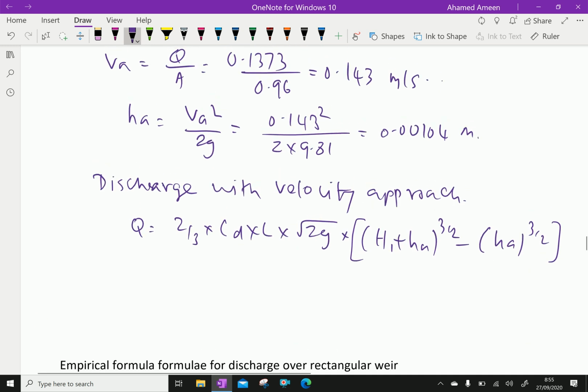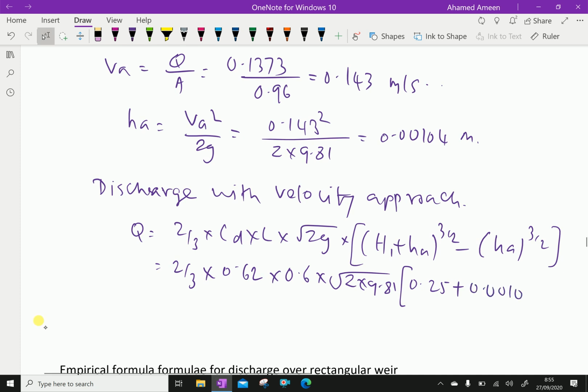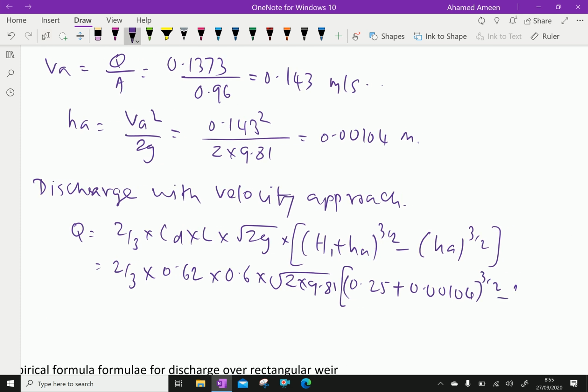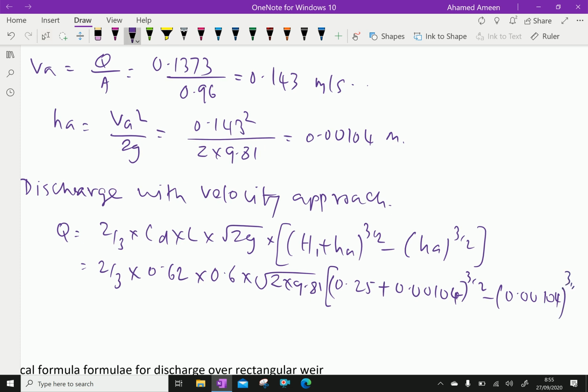So we'll use the calculation, that is 2 over 3, CD 0.62, length 0.6, root of 2 into 9.81, times H1 plus HA, that is 0.25 plus 0.00104, power 3 by 2, minus 0.00104 power 3 by 2.